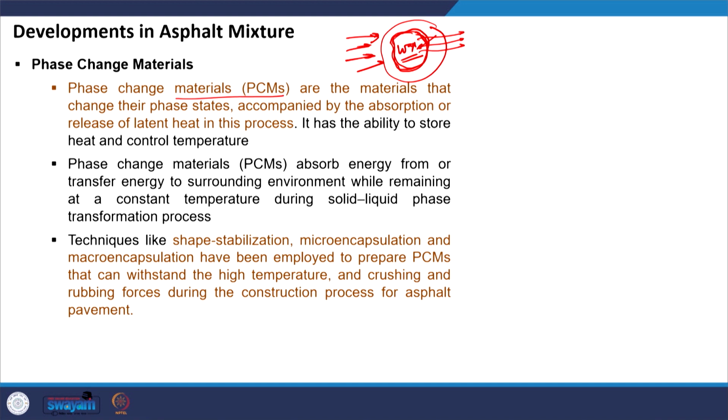So, PCMs are materials that can change their phase state accompanied by absorption or release of latent heat in this process, and it helps to alter the temperature of the pavement system during its change from solid to liquid phase and so on.